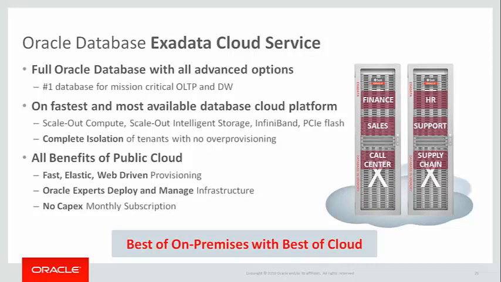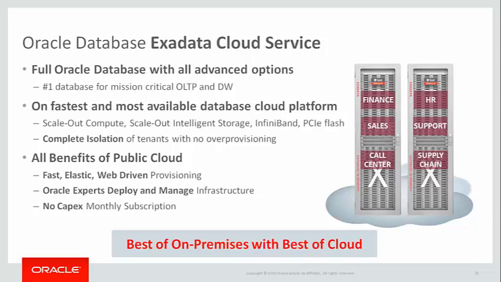When you purchase Exadata Cloud Service, you get all of the database options included in the price of your subscription. It also offers the fastest and most available database cloud platform, which is Exadata, which uses scale-out compute, intelligent storage, InfiniBand, and PCIe flash cache.